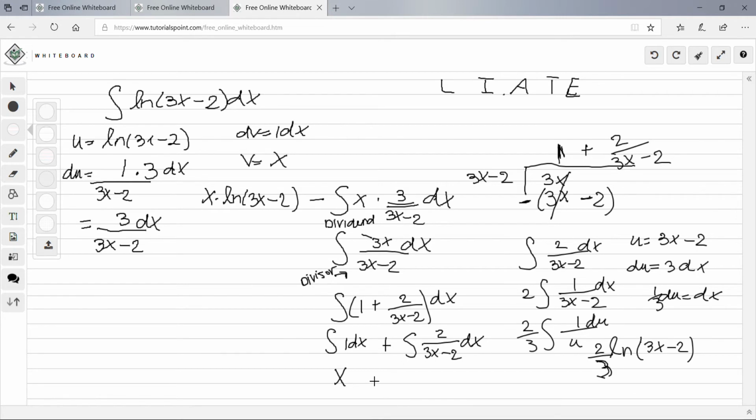So it's going to be x plus 2/3 of ln 3x minus 2 plus c, and then remember we have to distribute this negative, and then don't forget to bring this down.